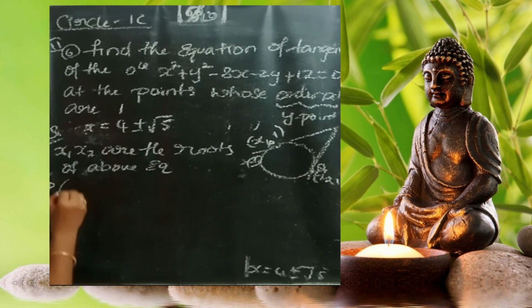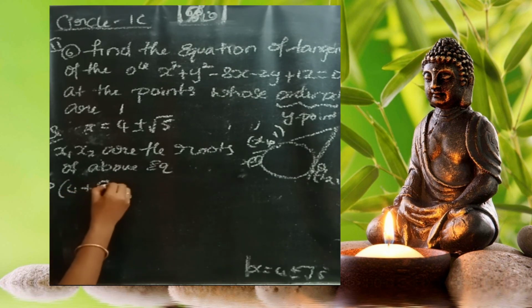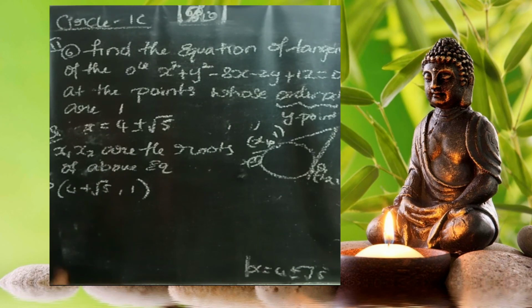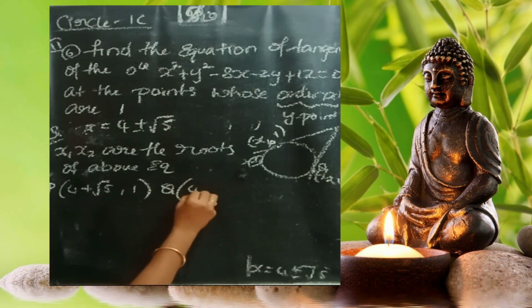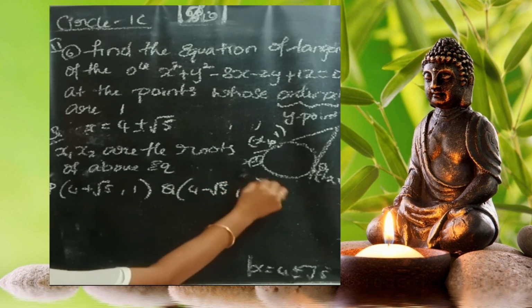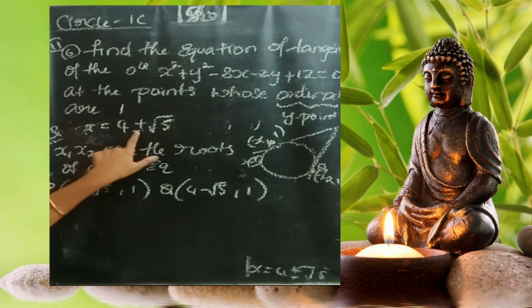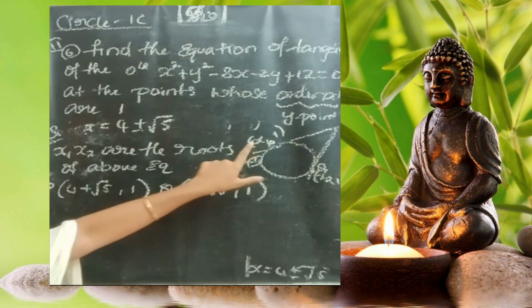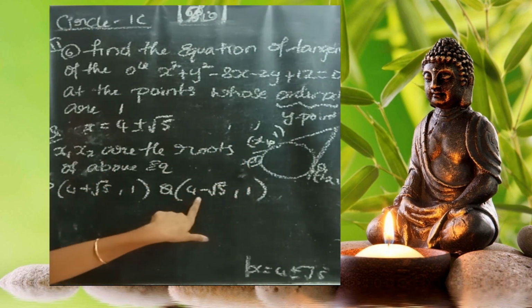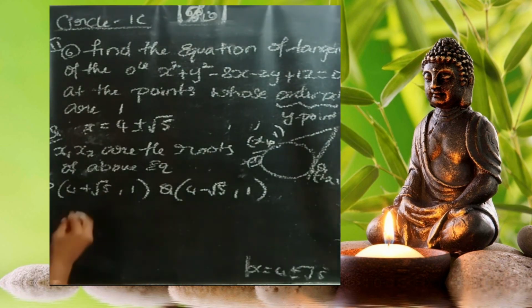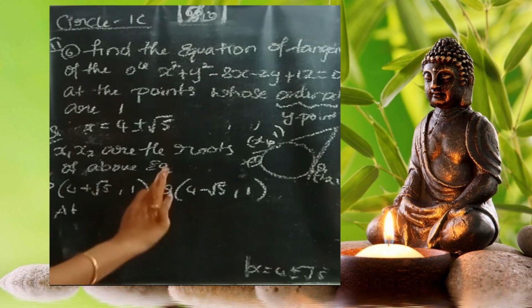Now our point P is 4 plus root 5 comma 1, and Q will be 4 minus root 5 comma 1. So now we have found the points.